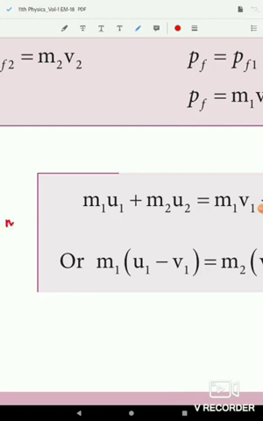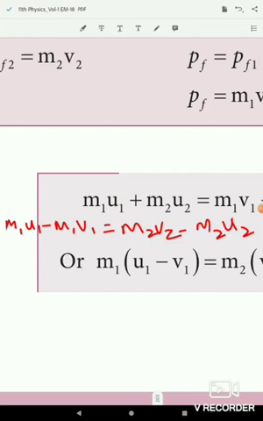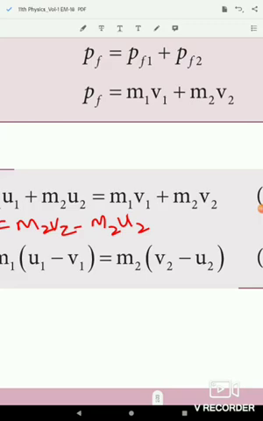That is m1u1 minus m1v1 equal to m2v2 minus m2u2. Taking m1 common on the left side, m1 into (u1 minus v1), equal to m2 into (v2 minus u2).